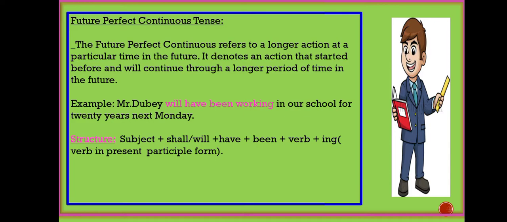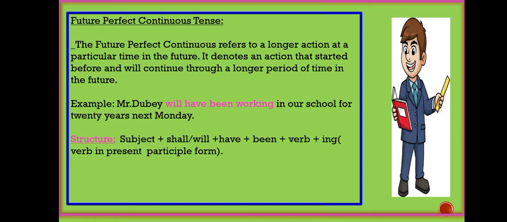It denotes an action that started before and will continue through a longer period of time in the future. For example, Mr. Dubey will have been working in our school for 20 years next Monday. So, next Monday, his duration of service will be 20 years.